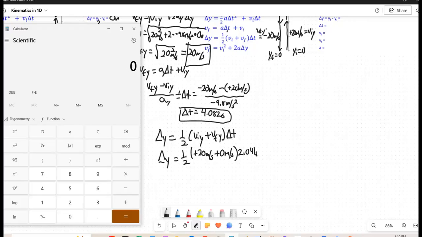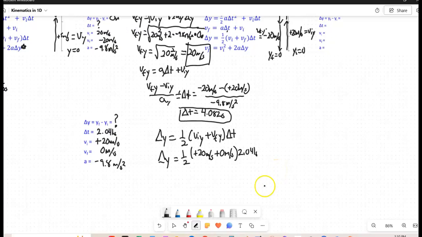So that's going to be 0.5 times 20 plus 0, which is 20, times 2.041. 20.41. So its maximum height is 20.41 meters. Okay? So that's the maximum height.